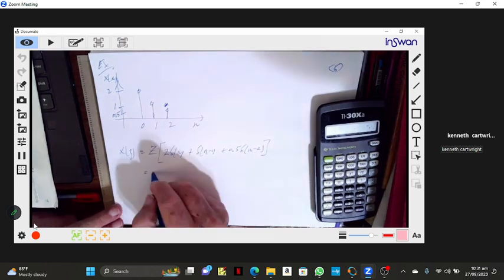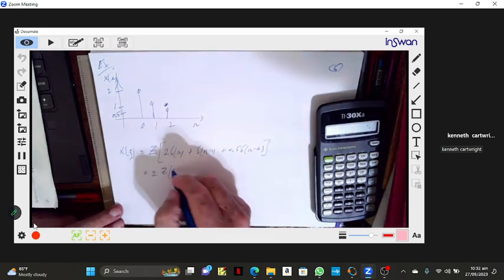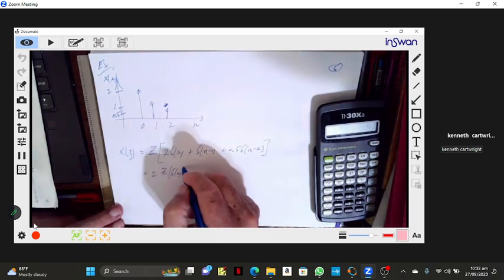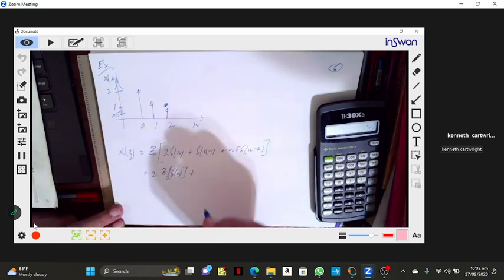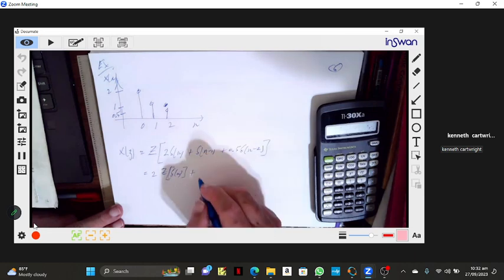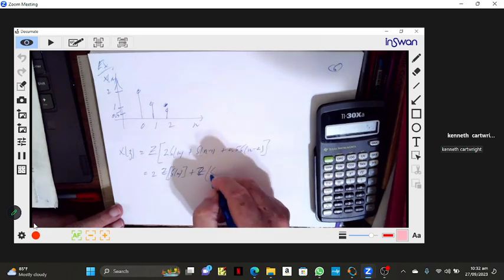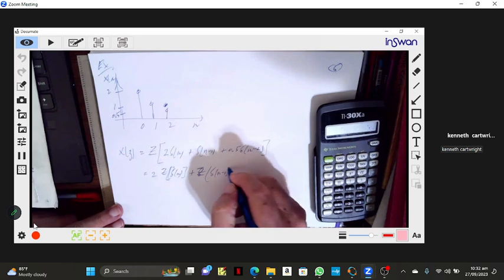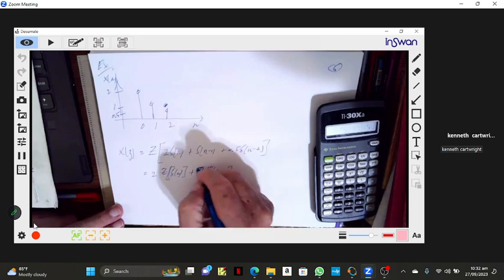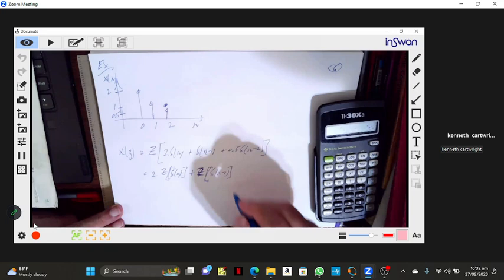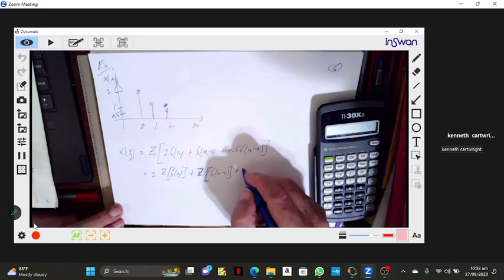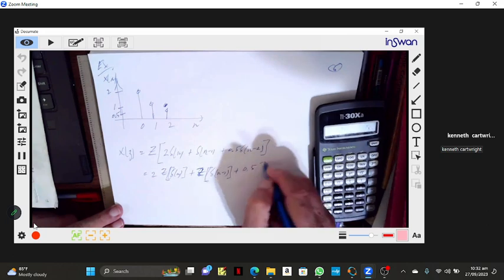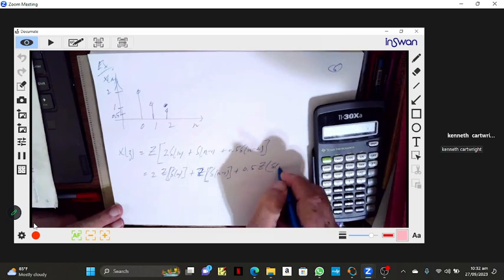Okay. So that is 2z of delta of n. Oh, okay. Got to tell you. No, we did that already. I forgot. Z of delta of n minus 1 plus 0.5 z delta of n minus 2.